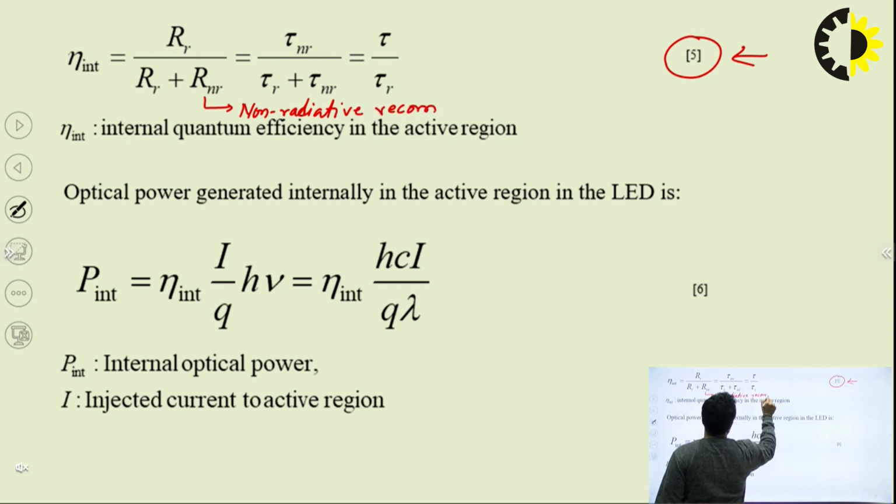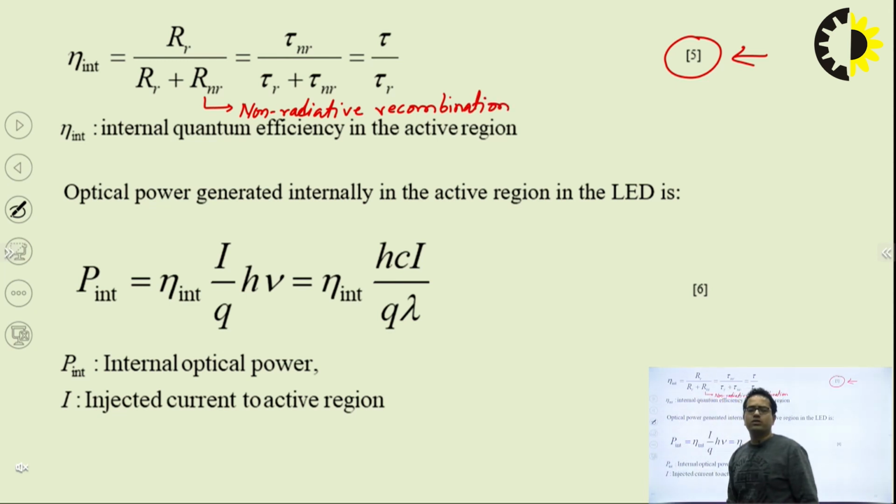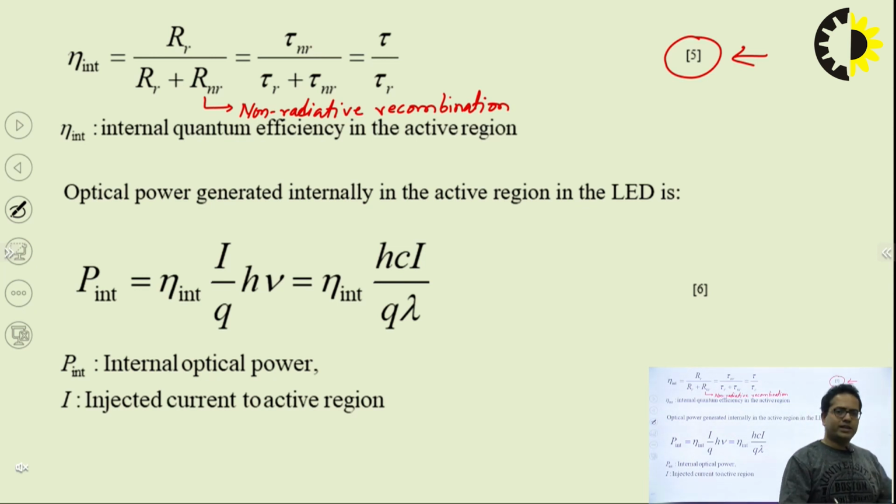Because we know that whenever a recombination is occurring, there is a possibility of two things. No material in this world can lead to 100% generation of photons. Somehow there will be some non-radiative recombinations. That's why, in considering the total recombination, we have considered both radiative as well as non-radiative recombinations.